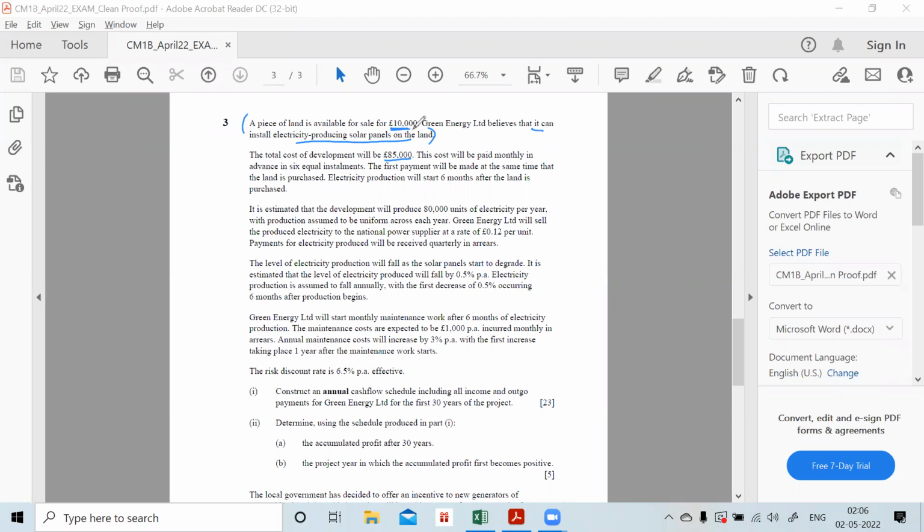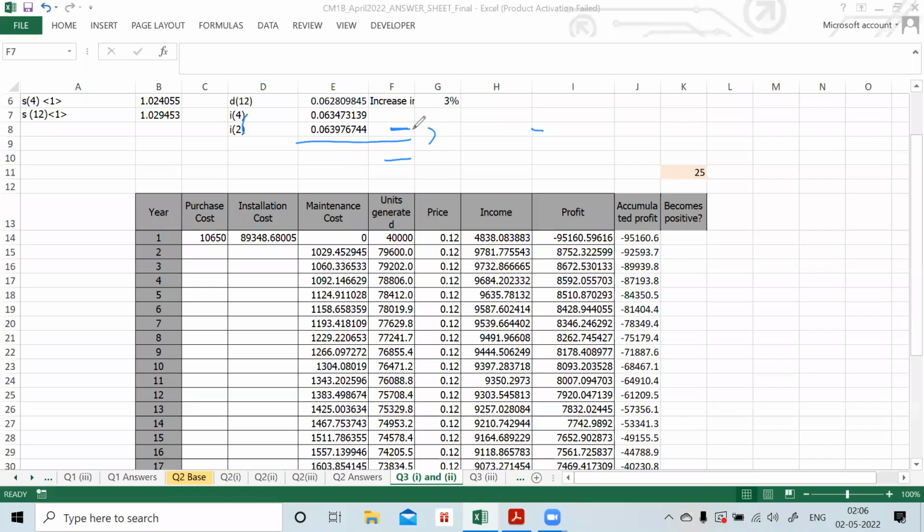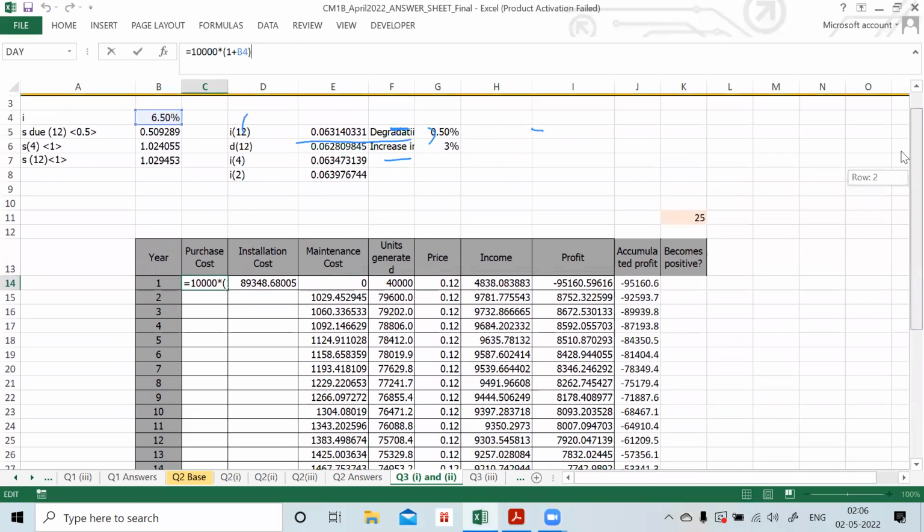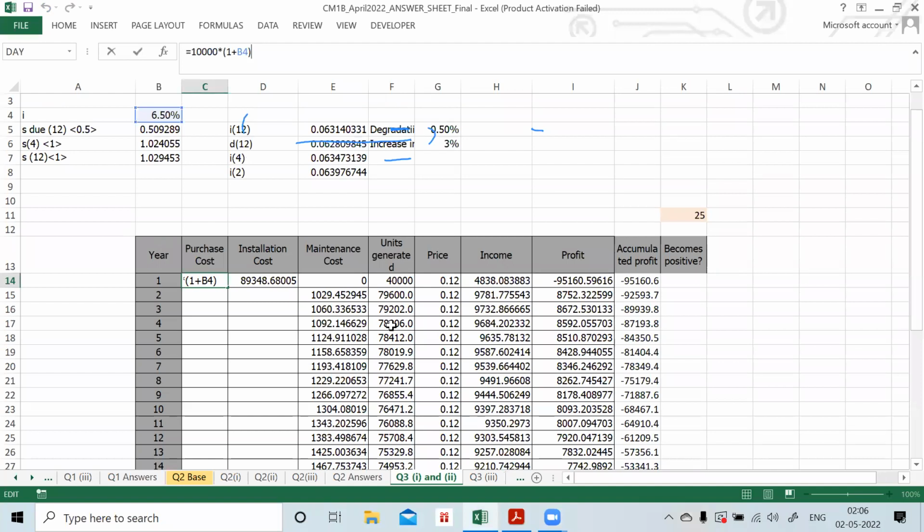Now let's come to our question sheet which they provided. It has been given from year 1. So at the end of year 1, basically, it's not time 0. If it starts at year 1, then at the end of year 1, the value of the land purchased will be nothing but 10,000 into 1 plus i, and i is given to us as 6.5% in the question itself. Okay, so I've written i over here.